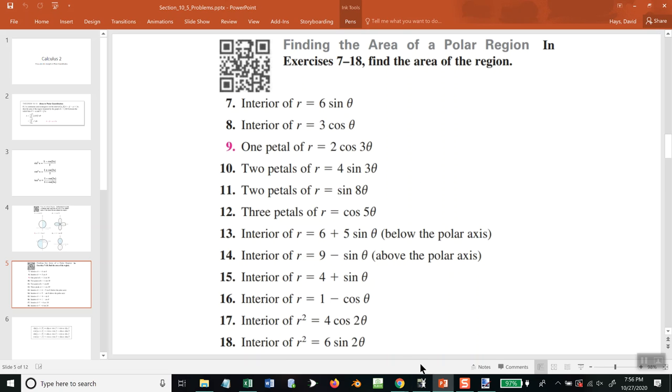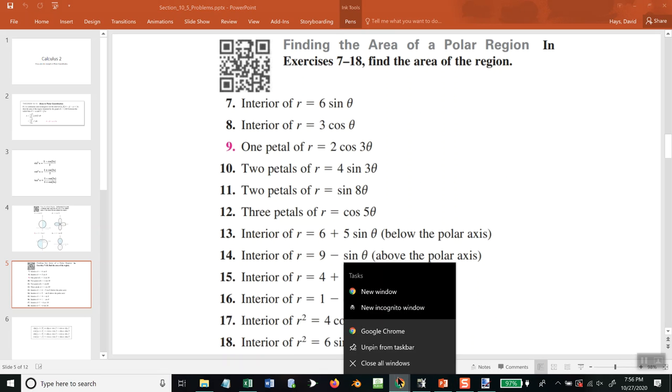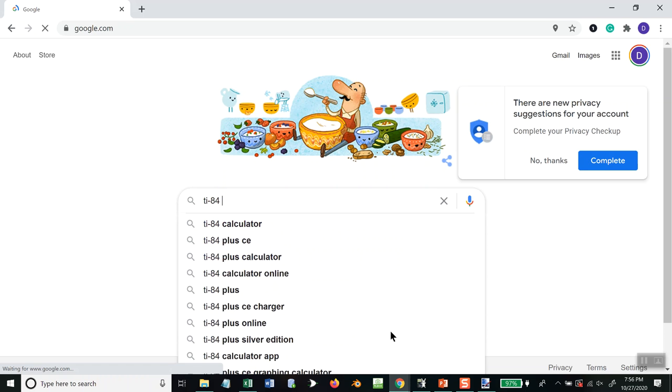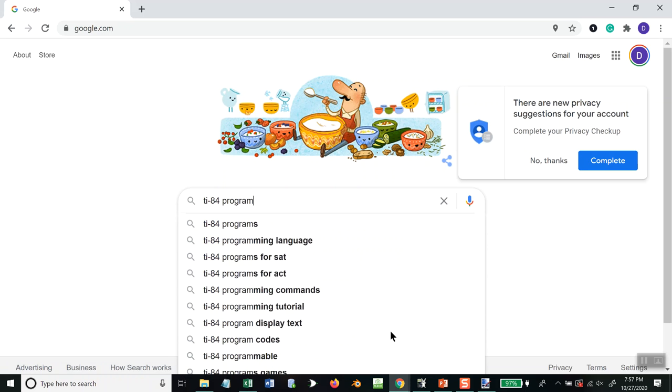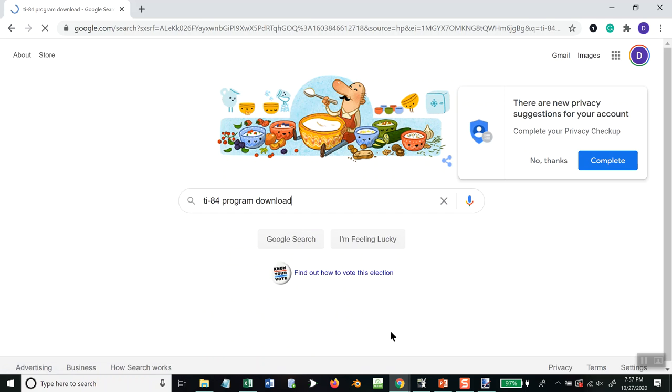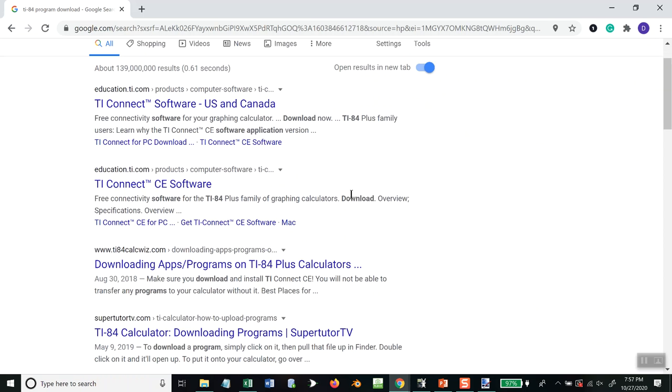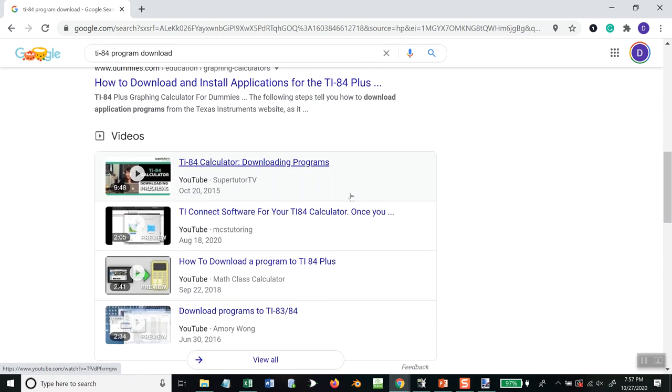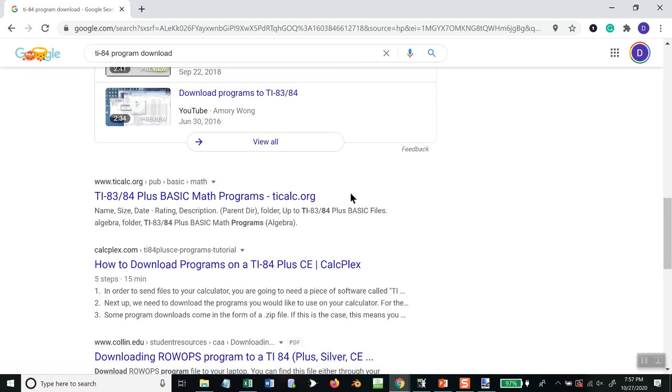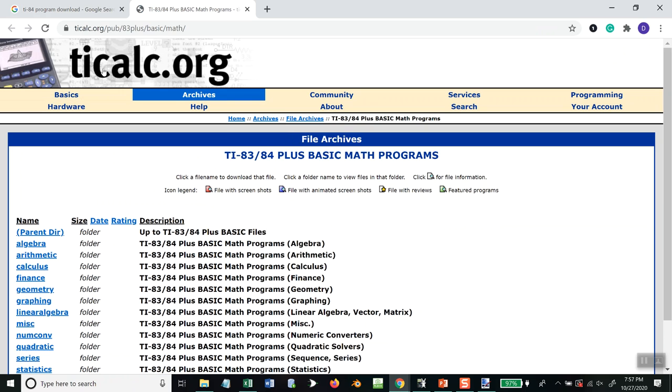Does everybody know where the websites are to download programs? Yeah. No, there's a big one out there. Let me see if I can remember. Or Google it, I should say. Program download. It's ticalc.org.